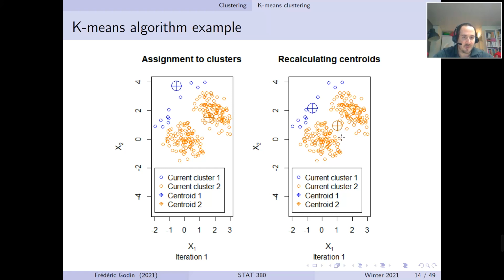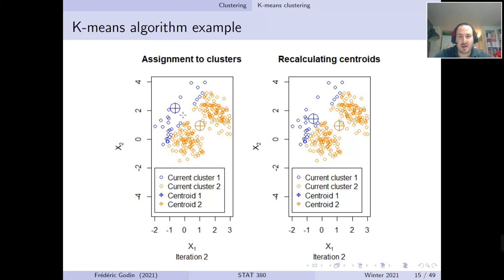So this is the first iteration, and then we can continue like this. The next step, once we have these new centroids, is to reassign the points to the various clusters. Some data points here, which were in the orange cluster before, are now closer to this centroid, so they become assigned to the blue cluster. And here, all points which are closer to this one are assigned to orange, and so on.